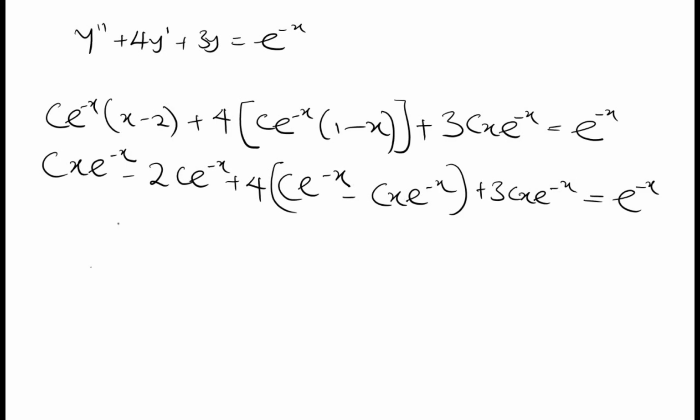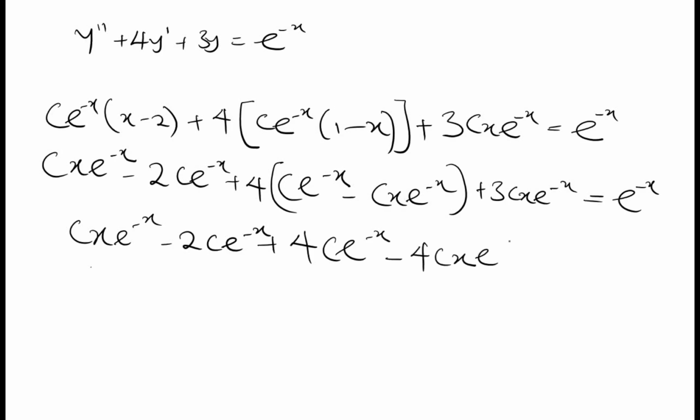So here I can say cx exponential of negative x minus 2c exponential of negative x plus 4c exponential of negative x minus 4cx exponential of negative x plus 3cx exponential of negative x is equal to exponential of negative x.